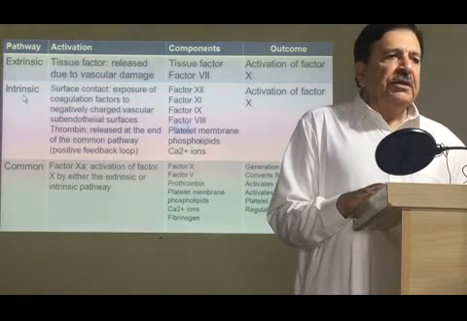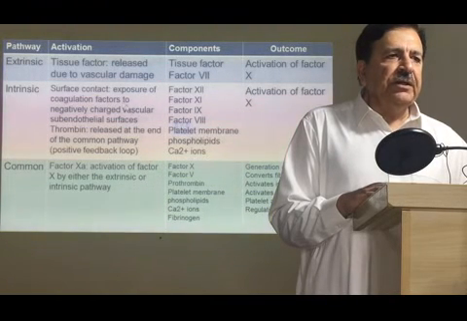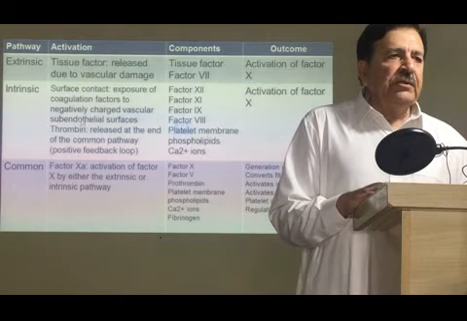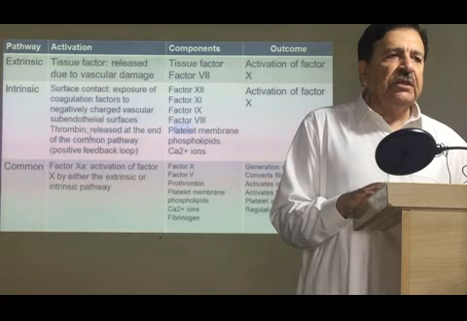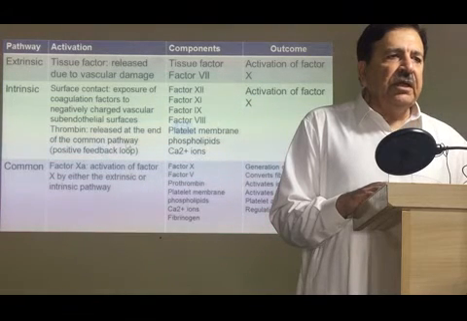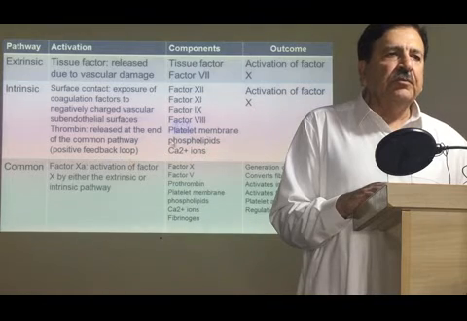In the intrinsic pathway, surface contact, exposure of the collagen to the negatively charged vascular subendothelial surface, and thrombin released at the end of the common pathway, form a positive feedback loop.